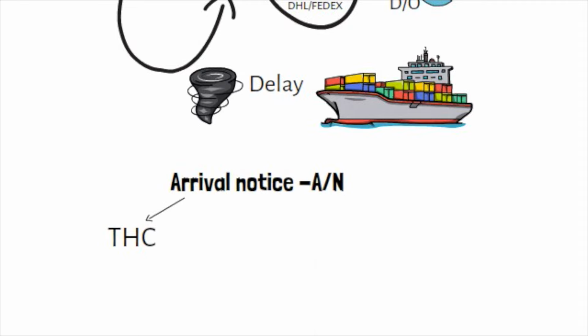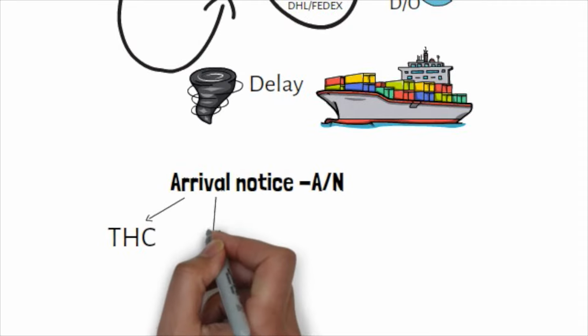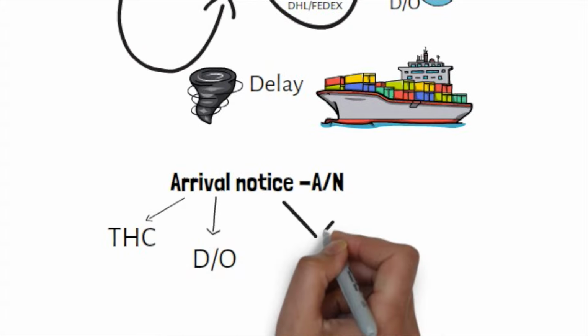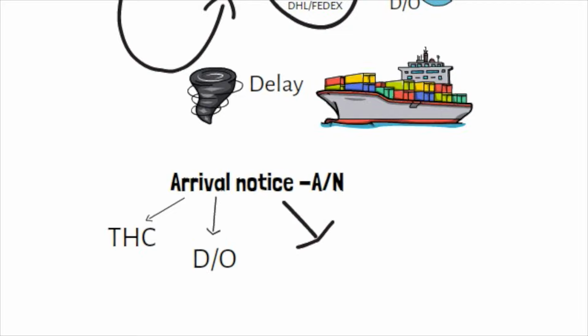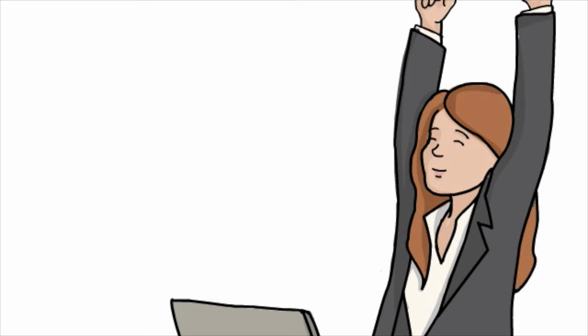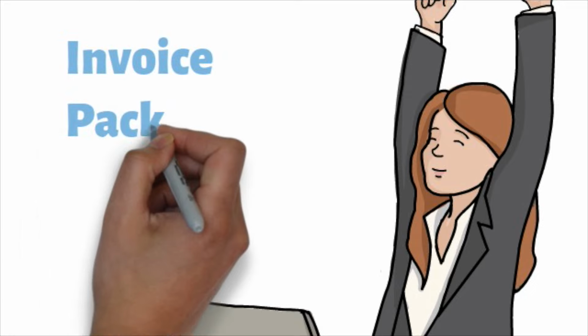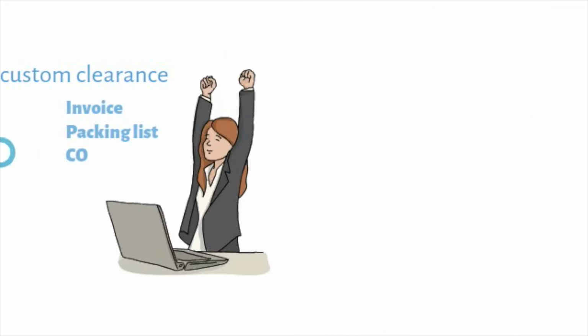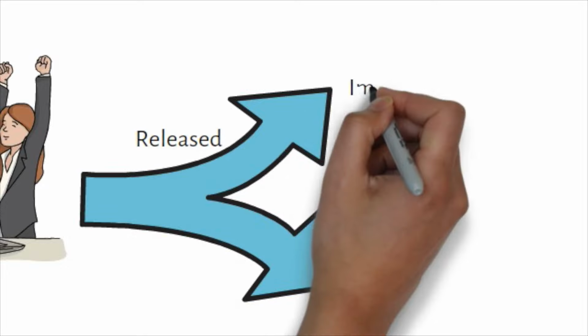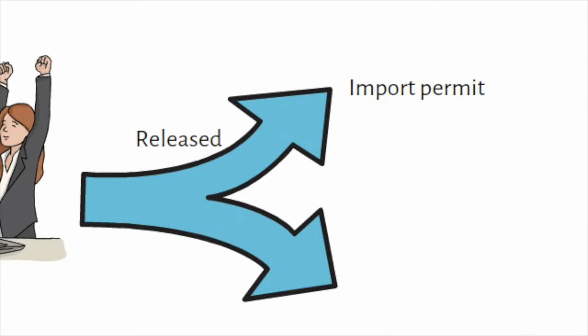The arrival notice has a number of costs, such as THC, terminal handling charge, DO, documents, and so on, which the importer must pay. After receiving the payment, the importer's forwarder finishes customs clearance with documents such as invoice, packing list, CO. If there is no problem with the declaration, customs will issue the import permit. But if not, then an inspection will be needed.